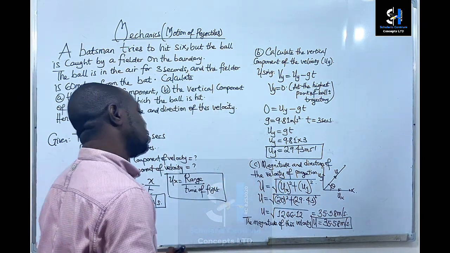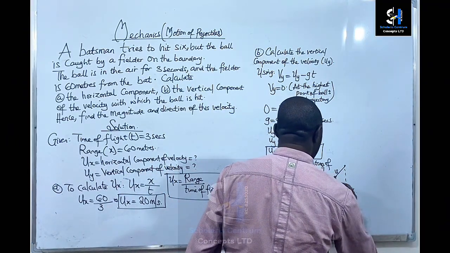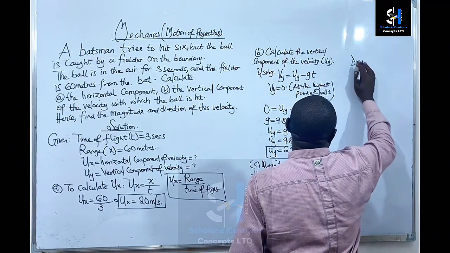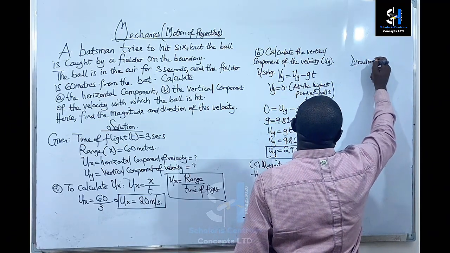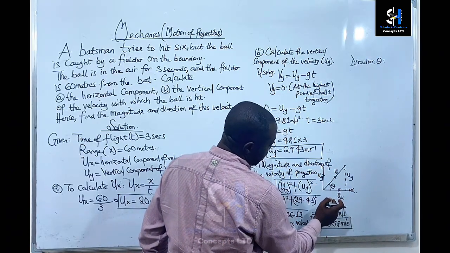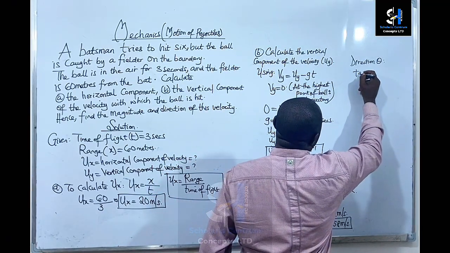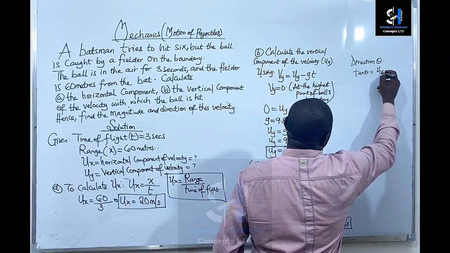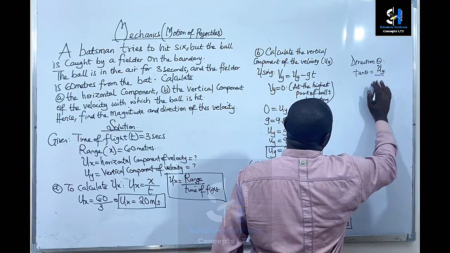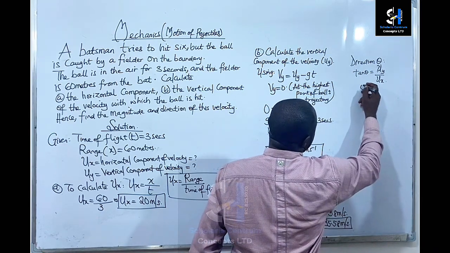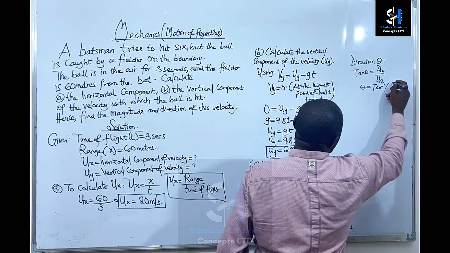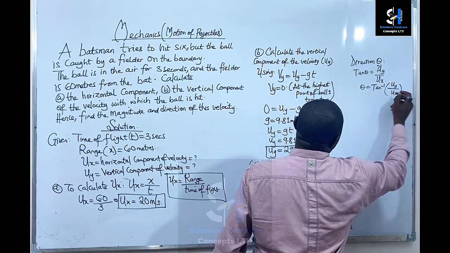That's it. Now let's calculate the angle, the direction, which is theta. We know that Uy is opposite and Ux is adjacent. So tan theta is Uy over Ux, and theta will be the inverse tan of Uy divided by Ux.